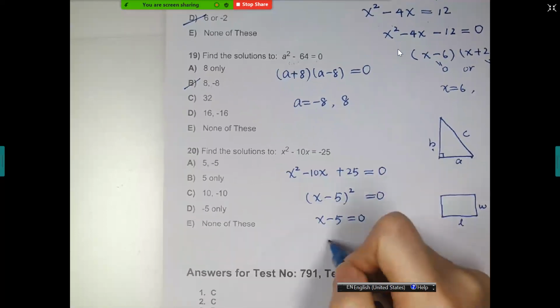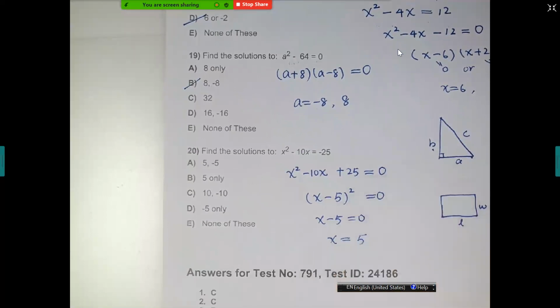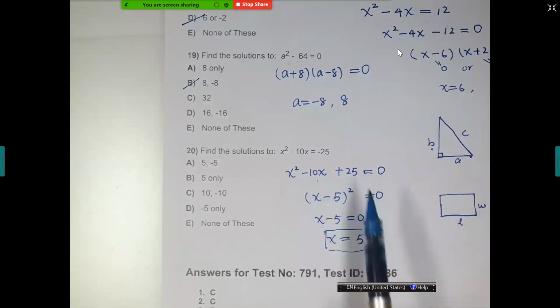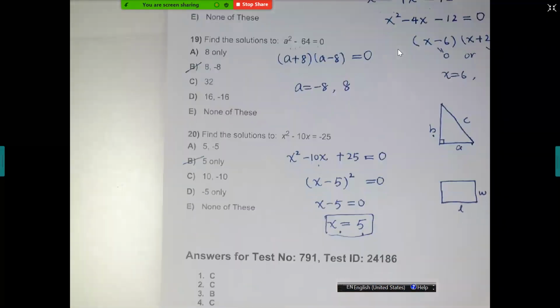What's the solution? x equals 5 only. So this equation happens to have just one solution. You can also say it has two same solutions, and the two same solutions turn into one solution. And B is the right answer.